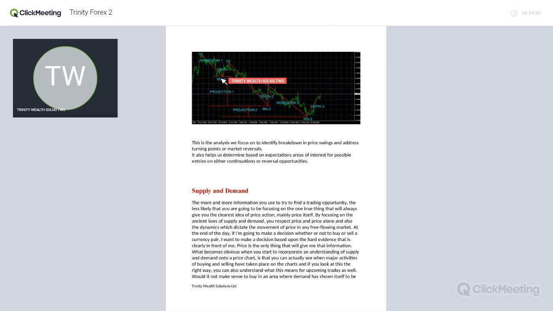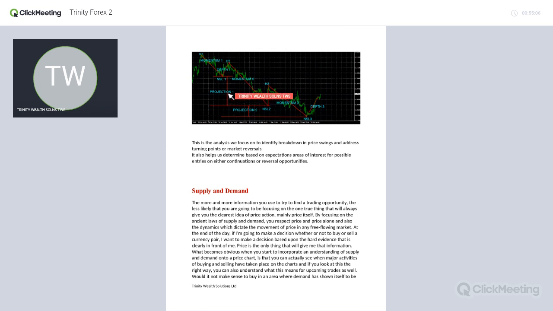If it is too steep compared to the previous one, it means the bears are very strong, considering this downtrending market. Then we said the retracement is the depth. You can see depth 1, that is the depth. If it is too deep, it means there's a lot of force, there are bulls coming in. That's why they're able to push the market so deep. So the longer the depth, the weaker the market is in the direction of the trend.